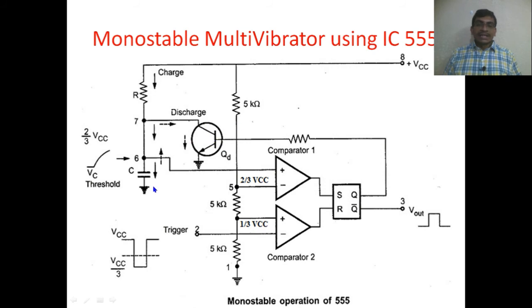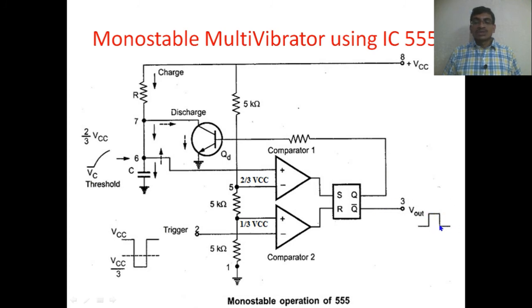Then this capacitor will start charging towards the VCC through the resistor R. When the charging voltage across the capacitor reaches greater than 2 by 3 VCC, what happens? This comparator 1 will give plus V saturation output. This plus V saturation output will set the flip-flop, which means Q is equal to 1 and Q bar is equal to 0.